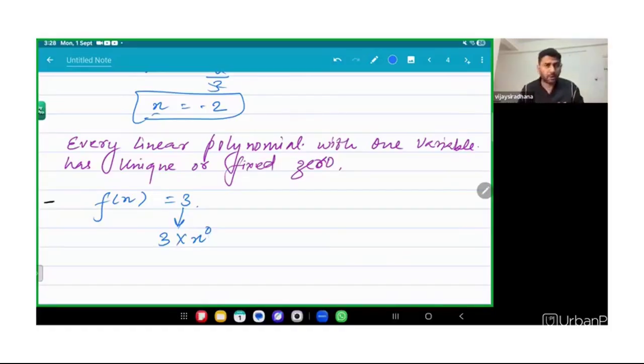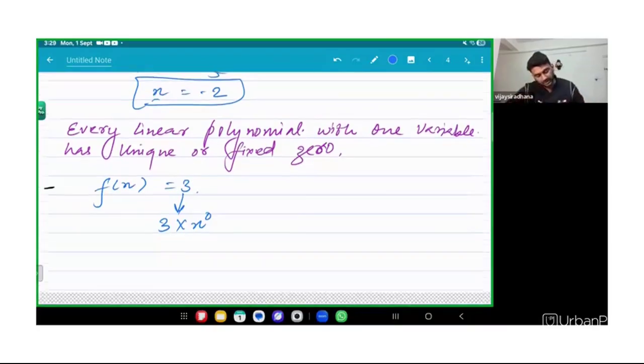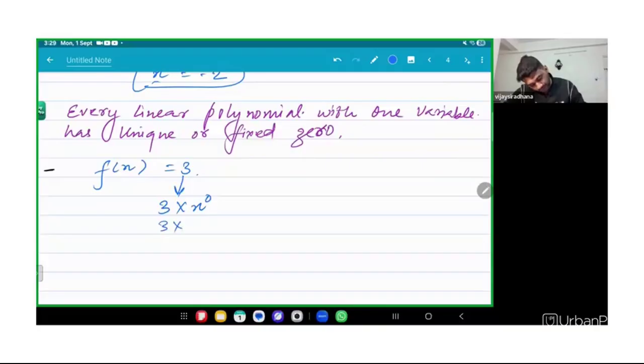It's a polynomial, right? Because x to the power of 0, 0 is a whole number. That's why this is making a polynomial. And we know that whatever the value is, if the power is 0, it is 1 only. So that is 3 into 1.